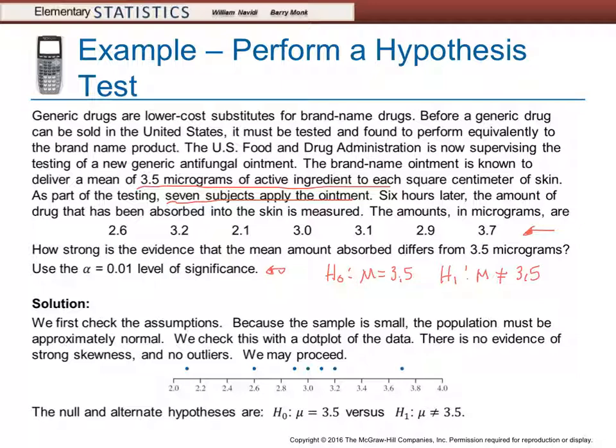On the TI-83 and 84, typically we can't do a dot plot, but we would be able to use a box plot. So I suggest a box plot if we're using our technology, and if we see any outliers, then we know that we do not have a normal distribution. Also, we will then go to our next slide.